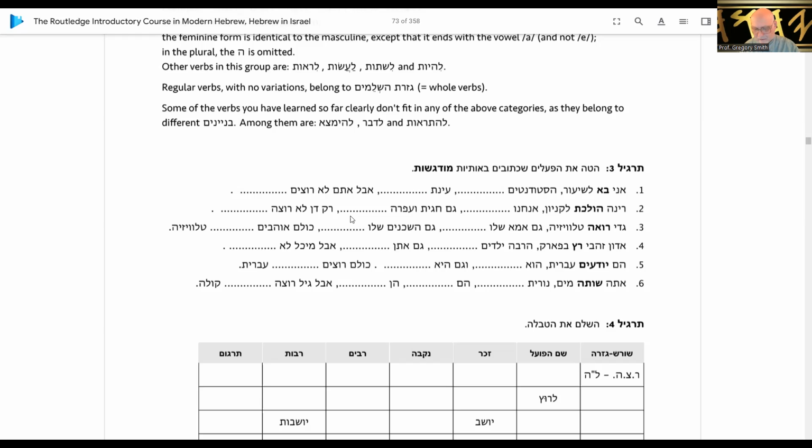Lamed and Hafsofit, to go. There we go. Okay, I found the right one here. It's holchot. That's right. Okay, so gam Hagit ve Ofra holchot. So why are we using holchot? Because we have to come up with a feminine plural.